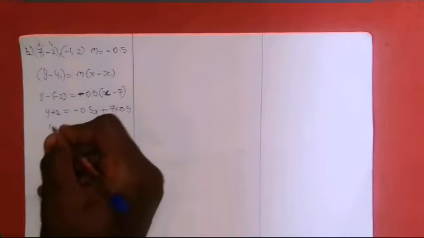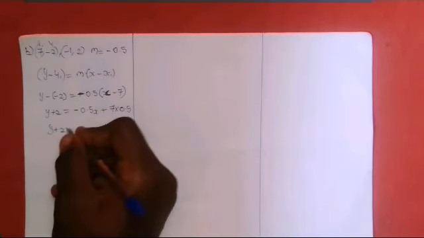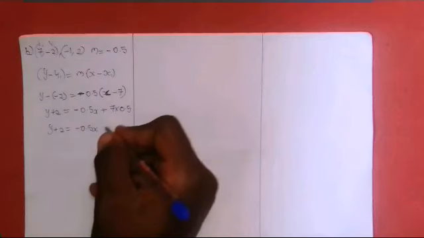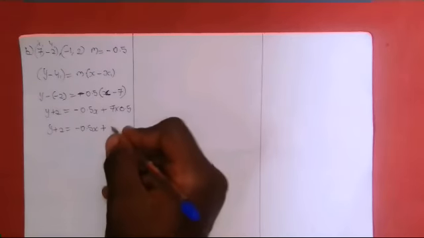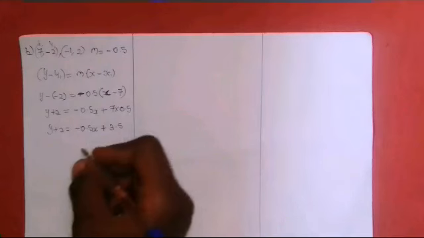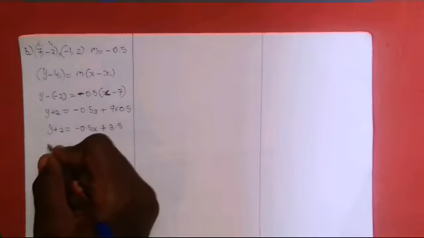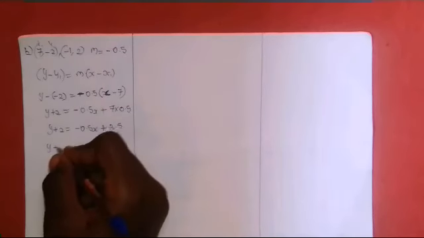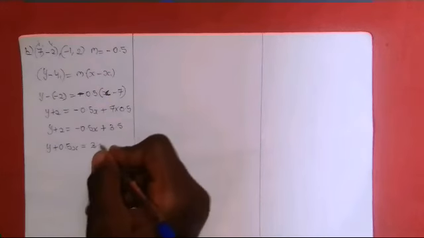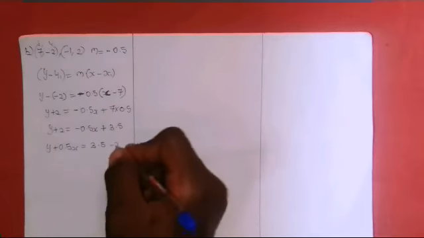So it becomes y plus 2 is equal to minus 0.5x plus 3.5. In solving, we rearrange it, so it becomes y plus 0.5x is equal to 3.5. We take 2 to the other side, minus 2.